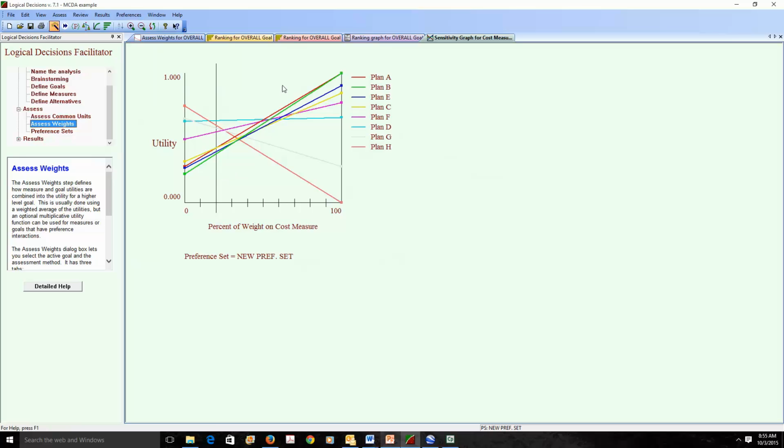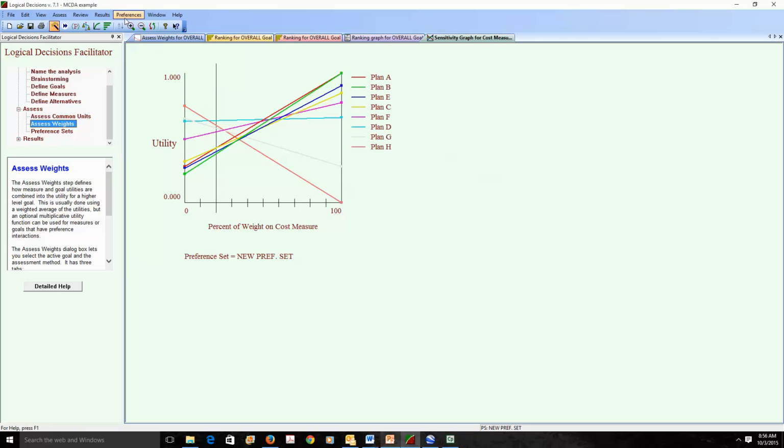You could imagine, though, if the weight was over here, you could see how that order changes. Here we had Plan A, is it, was best when the weight for cost is low, but as the importance of cost goes up, the desirability of Plan A goes down. So it's kind of handy that way.